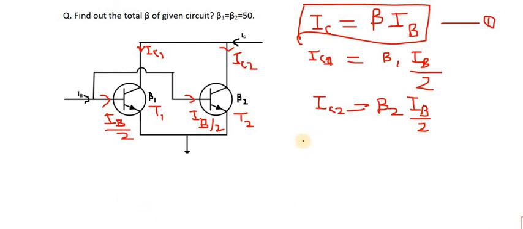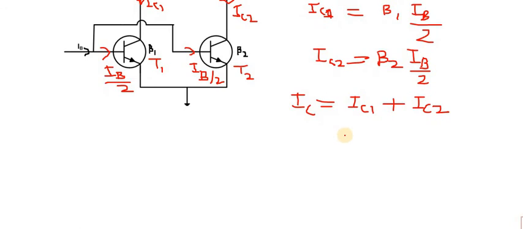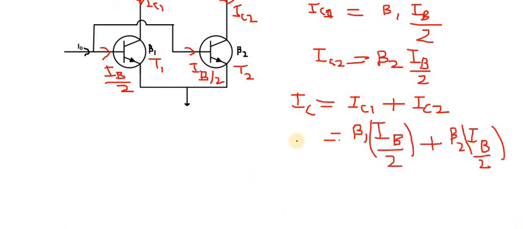Now we know that IC is equal to IC1 plus IC2. So here I can write the values of IC1 and IC2, that is beta 1 IB by 2 plus beta 2 IB by 2.